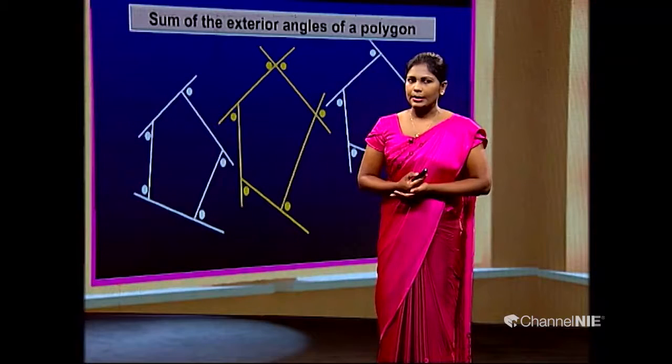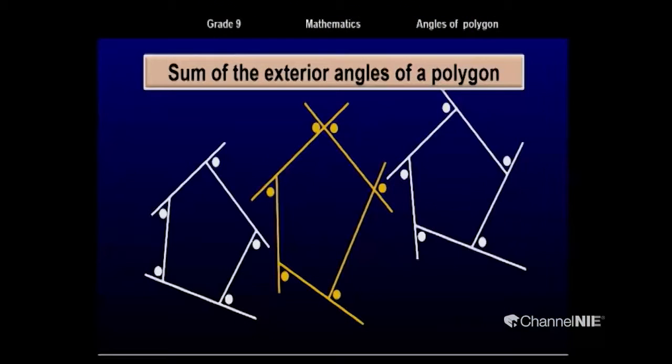Now you can see there are polygons in the diagrams. Look at the diagrams. There are 3 polygons here. In the first one, I marked the exterior angles. Look at the exterior angles of this polygon. Those are correct. And also look at the third diagram.